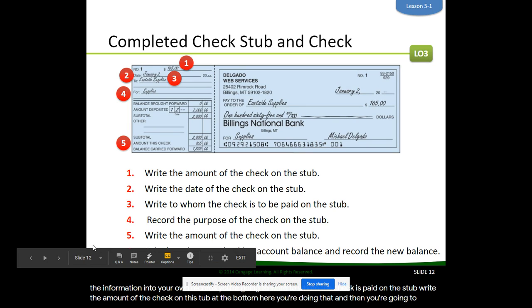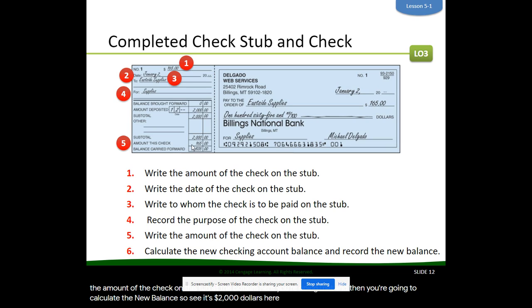And then you're going to calculate the new balance. So see, it's $2,000 here, and you're going to subtract the amount of the check. You're writing the check for 165. You had $2,000 here, so you're going to update the balance. $1,835 is how much cash you're going to have available to you after you write this check.